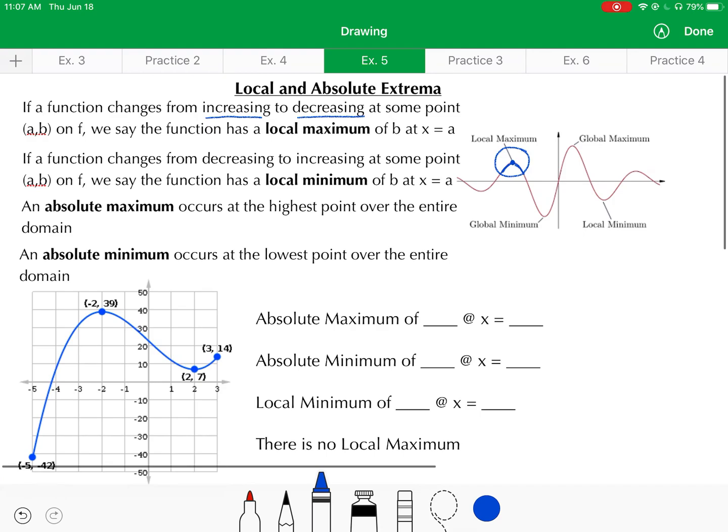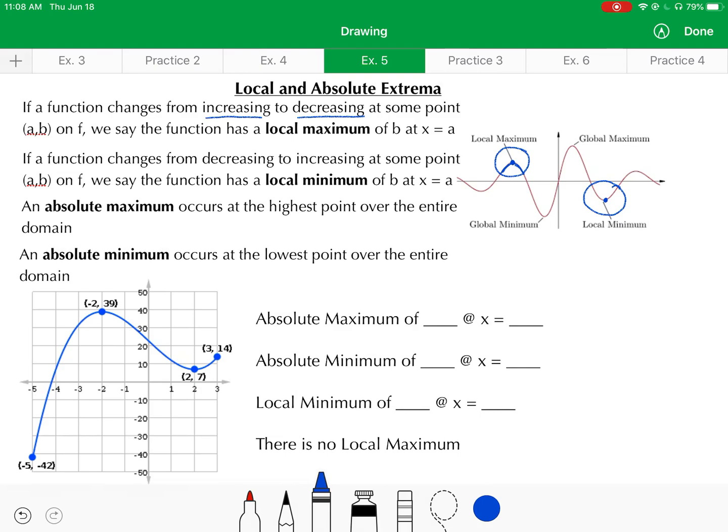Now, similarly, we have a concept of a local minimum. Right here is a local minimum. That's because it's the lowest point in this small localized area, okay? And same kind of definition, except it just switches.